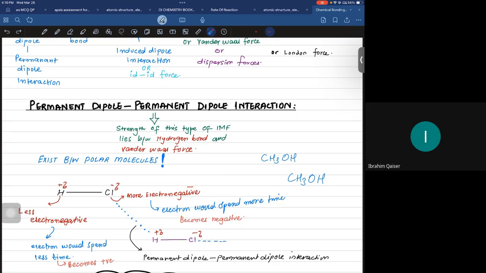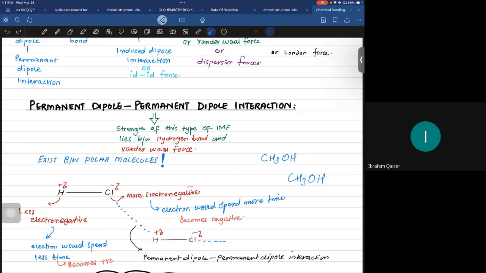We are talking about intermolecular force. The term molecule is specific to the covalent bond. That's the reason I'm saying this attraction occurs only in covalent bonds. So we would be studying the covalent compounds.